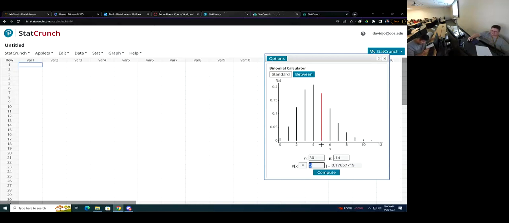It's the column between 4 and 6, that is my 5. So it's showing me which one it's doing. The probability that there are 5 houses that have 4 or more cars out of 30 is 0.1766 if I round to 4 decimal places.